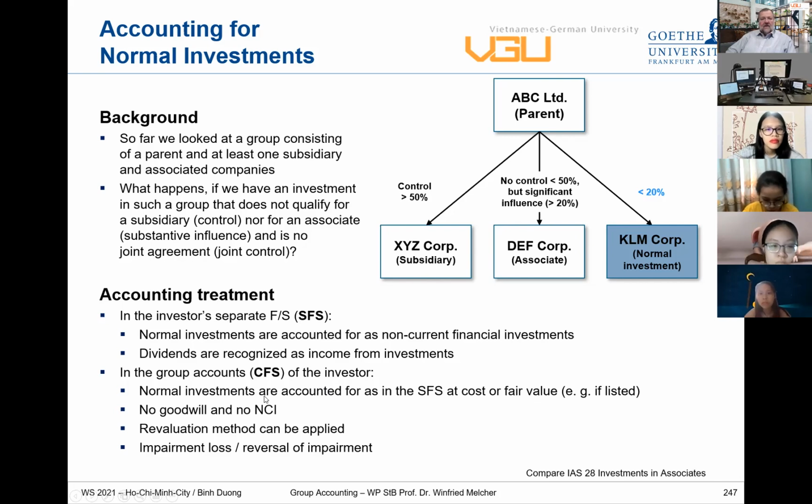So they will also show that investment in financial assets. So there is no difference between the accounting in the single financial statements or in the group accounts. It will just be taken from the line investments and put in investments in the CFS. No big change. There will be no goodwill because we don't pay a premium.